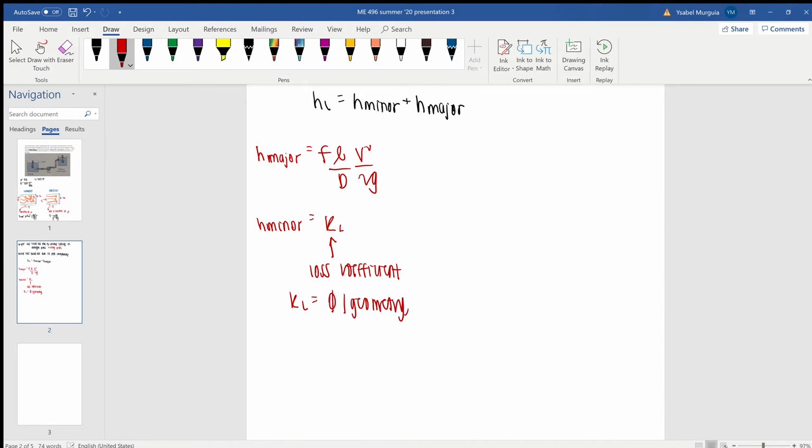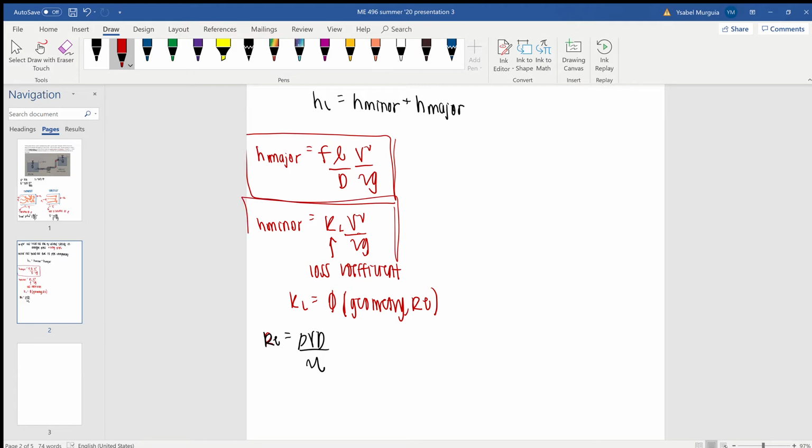If it's a pipe, if it's a T or a valve, and Reynolds number. Again, Reynolds number being rho Vd over the viscosity. Okay, and then continuing on with the equation, K sub L times the velocity of the liquid through the pipe squared over 2 times the gravity constant. So those are the two equations that we will be utilizing along with this total head loss.